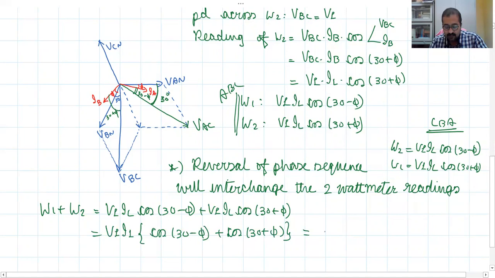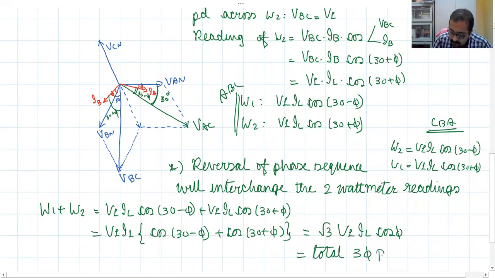Simplify this and see what you're getting. You must get root 3 VL IL cos phi, which is nothing but the total three-phase power. So two wattmeters are sufficient to read the total three-phase power in a balanced load.